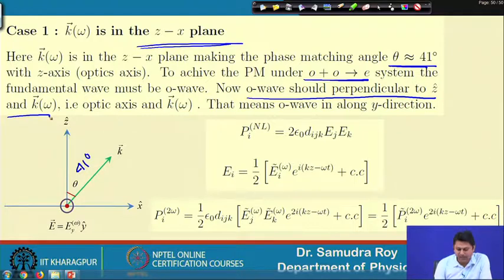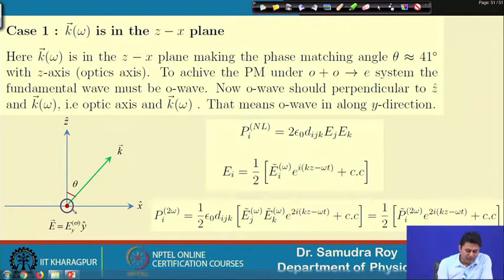So, the orientation of the O wave should be perpendicular to both k as well as z, the optic axis. The O wave is always perpendicular to k, the direction of propagation, and z.